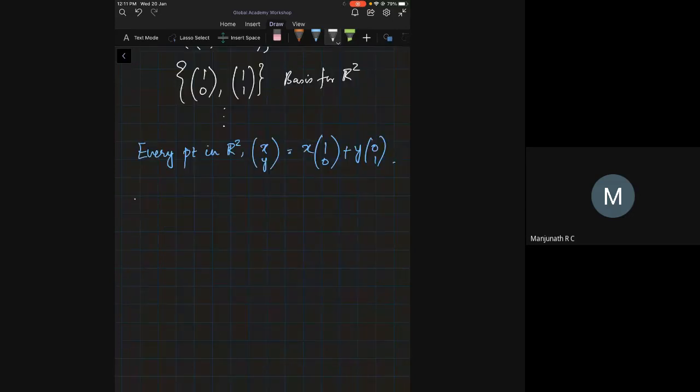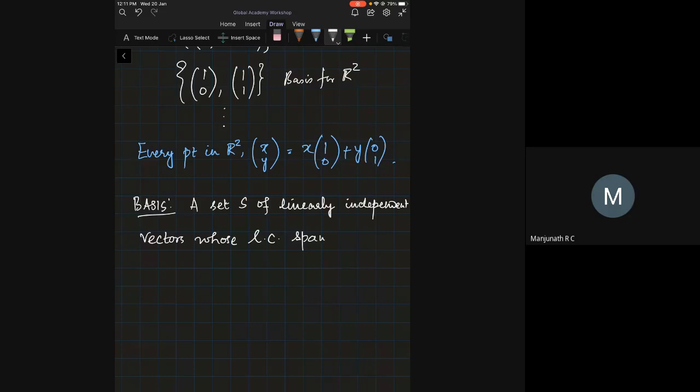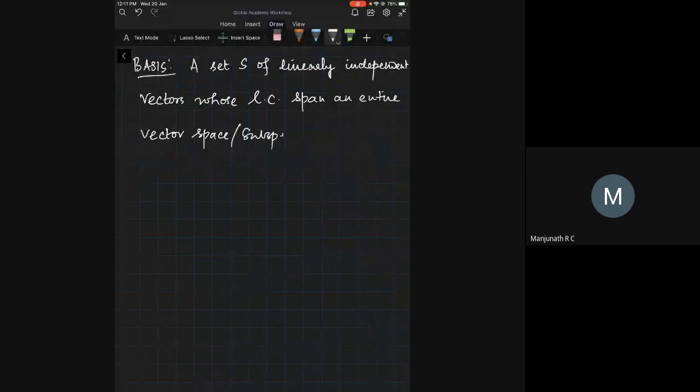Basis: a set S of linearly independent vectors whose linear combinations span an entire vector space or subspace is called a basis for the vector space or subspace.